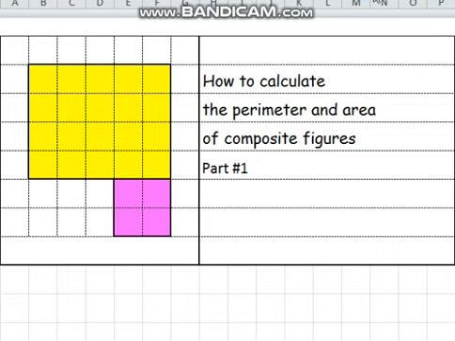Now, before we continue further, I think we need to understand what composite figures are first. When you see this word composite, I hope you think of words like compose, composition, and composer.